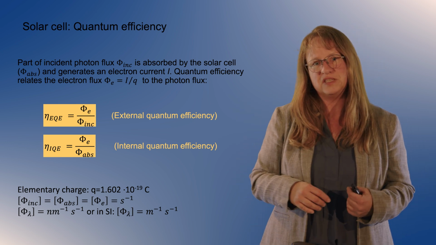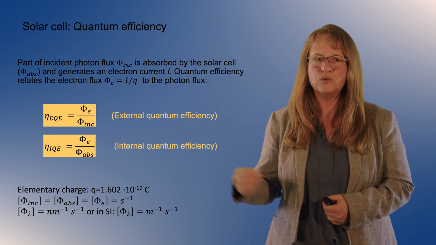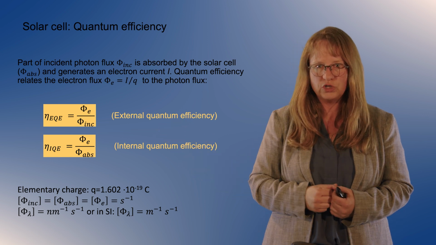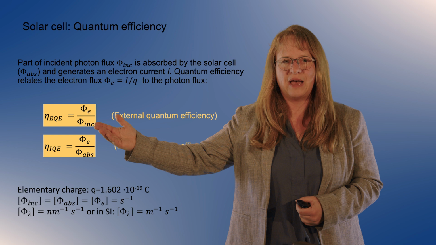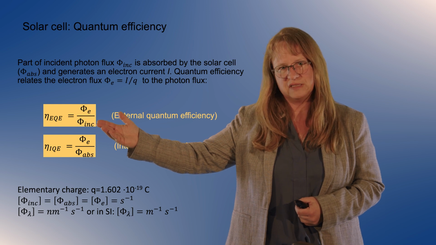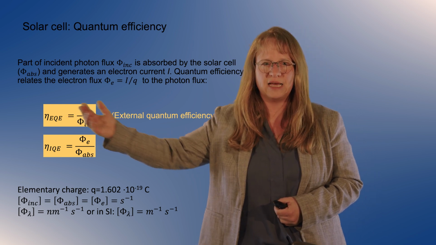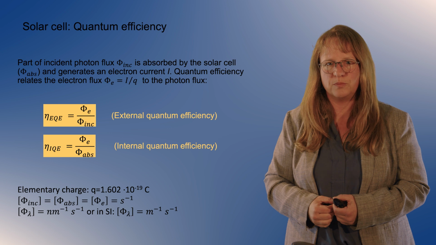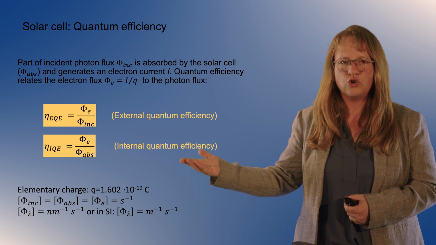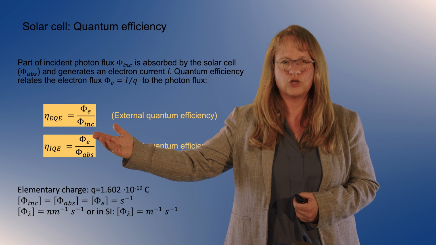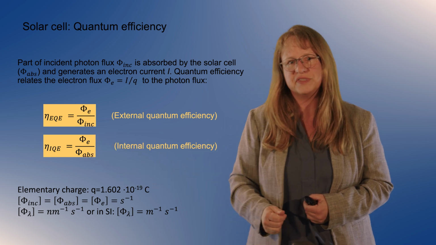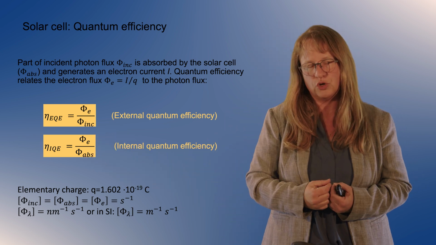And we distinguish between two different values. One is the external quantum efficiency. This is giving phi E divided by the total number of incident photons, and it's called eta EQE for external quantum efficiency. And the internal quantum efficiency divides the number of electrons by the number of photons that are actually absorbed in the solar cell.